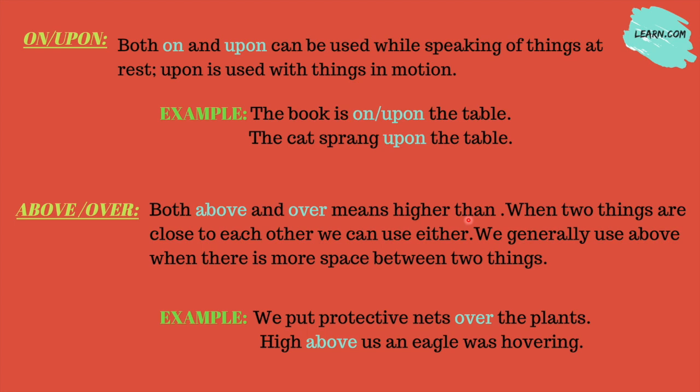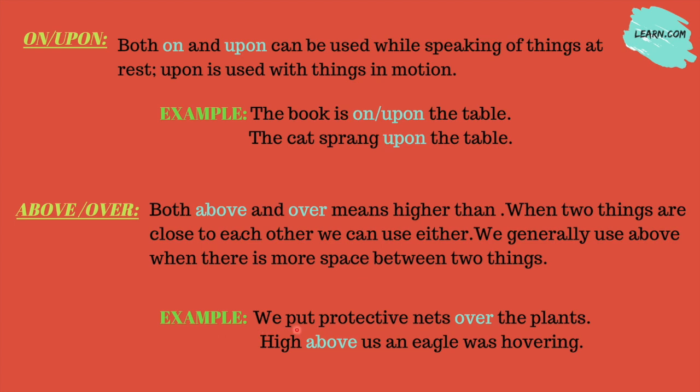But when there is more space between two things, meaning the gap between them is large, huge, then we use above. So with less distance we can use either of them, but with more distance we have to use above.